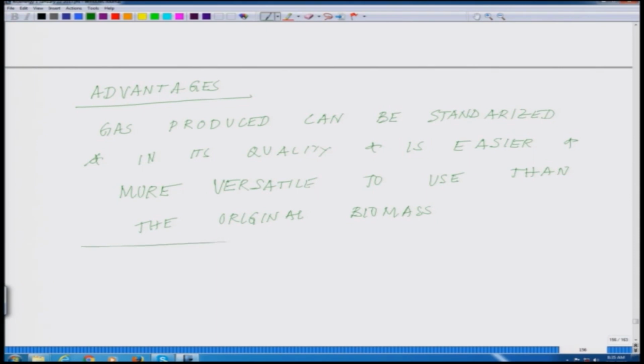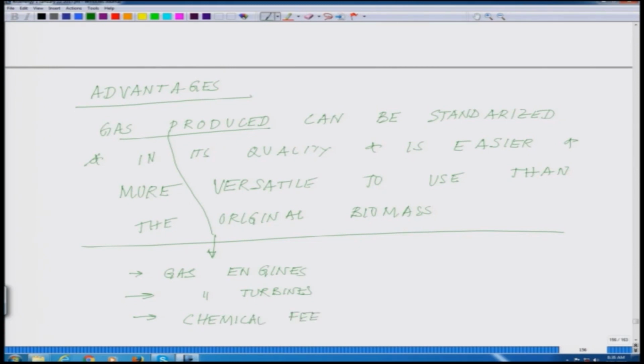As a matter of fact, this gas could be used for gas engines, it could be used for gas turbines, it could be used as chemical feedstock for producing liquid fuel. Okay.